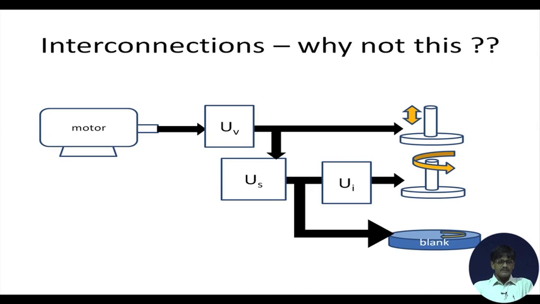The problem is, if you change UI with that in mind, it will also affect the feed, that means millimeters per stroke, because it is simply going to change the RPM of the cutter. If the RPM of the cutter is changed, per stroke, it is going to lead to a different feed value.